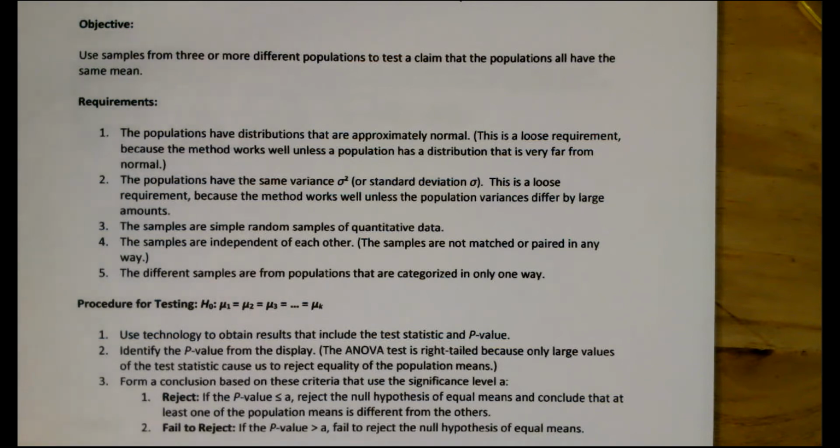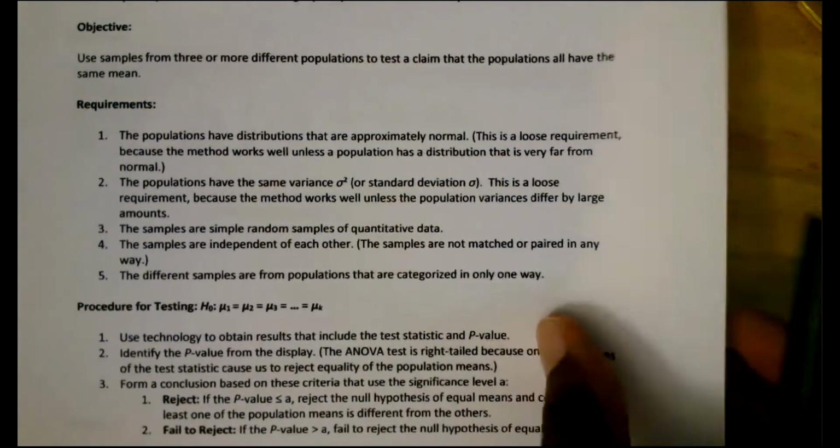Again, this is also a loose requirement because the method works unless the population variances differ by large amounts. And of course, the samples are simple random samples of quantitative data. Number 4, the samples are independent of each other. That means that the samples are not matched or paired in any way. And then number 5, the different samples are from populations that are categorized in only one way. And you'll see something like that shortly.